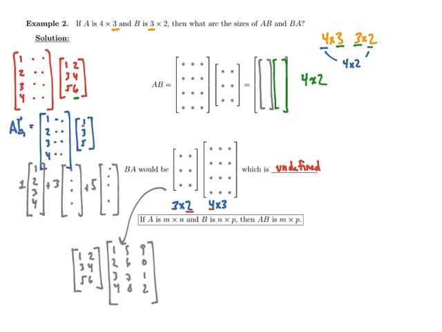Using our definition, the first column of BA1 will be B times the first vector in A, and that would give us 1, 3, 5, 2, 4, 6 times 1, 2, 3, 4.